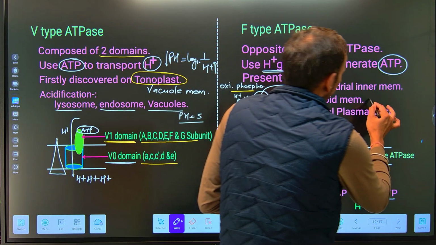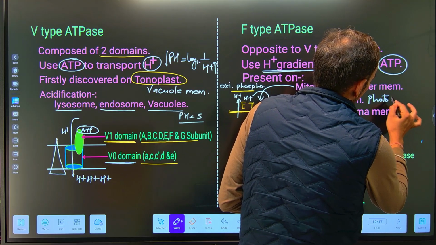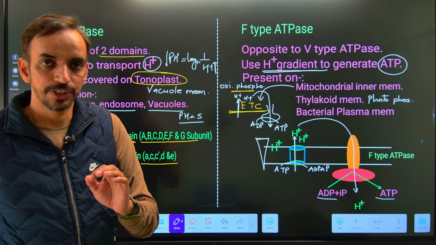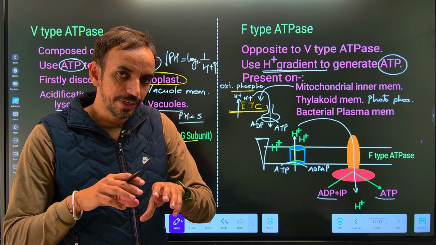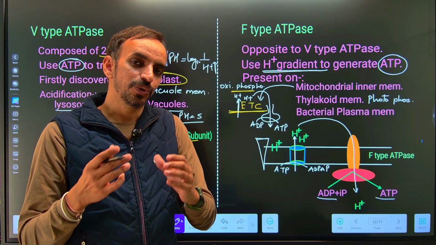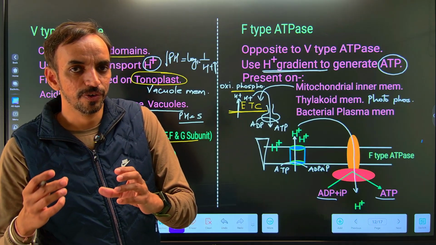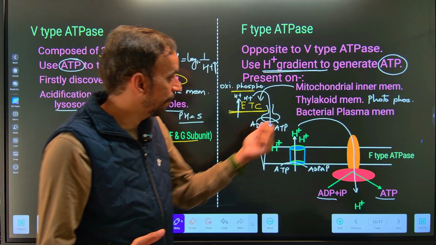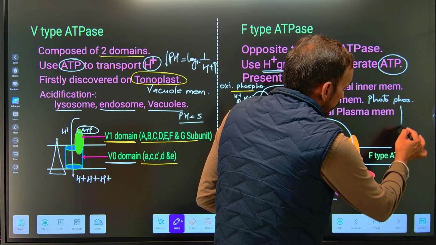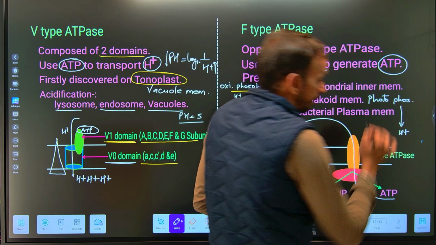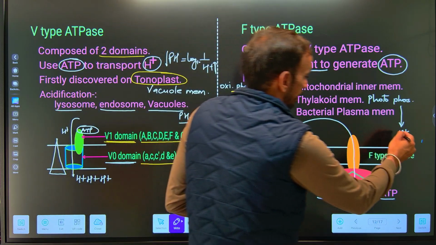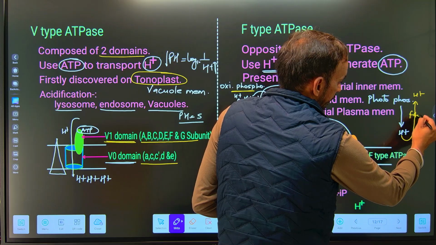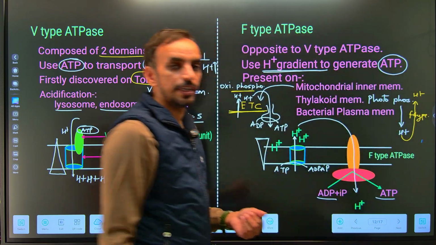Here the process is known as photophosphorylation, है ना, जिसको अपन लाइट रिएक्शंस भी कहते हैं. देयर इज ए फोटोफॉस्फोराइलेशन व्हिच अकर्स ऑन द थाइलेकॉइड मेम्ब्रेन. सिमिलरली वहां पे भी लाइट एनर्जी को यूज किया जाता है एंड देयर इज ए ट्रांसपोर्टेशन ऑफ इलेक्ट्रॉन फ्रॉम वन फोटोसिस्टम टू अनदर फोटोसिस्टम थ्रू व्हिच देयर इज ए ट्रांसपोर्टेशन ऑफ H plus ion into the thylakoid lumen, and when these H plus ion they come back into the stroma through the F-type pumps, there is a generation of energy in the form of ATP.